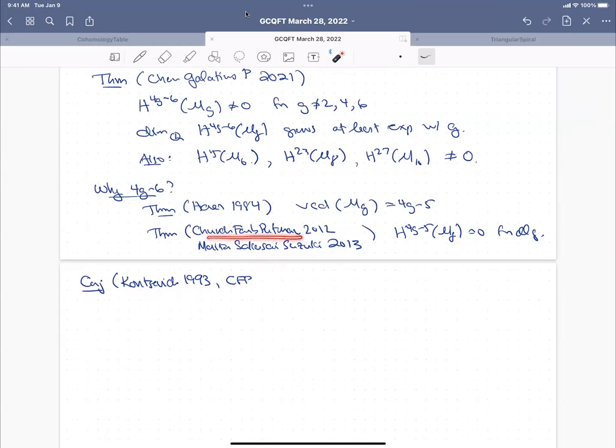Church-Farb and Putman were coming at this from the point of view of combinatorial group theory, so generators and relations for the mapping class group. They were writing down group cocycles, or really looking at global sections of the Steinberg module.